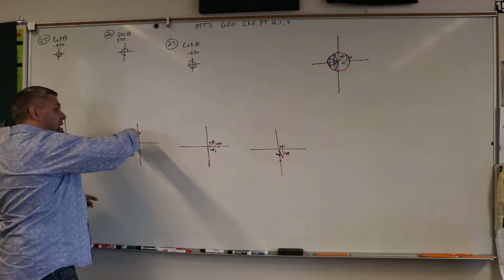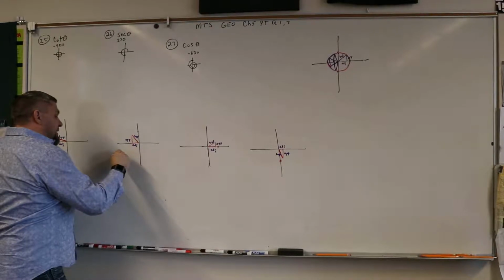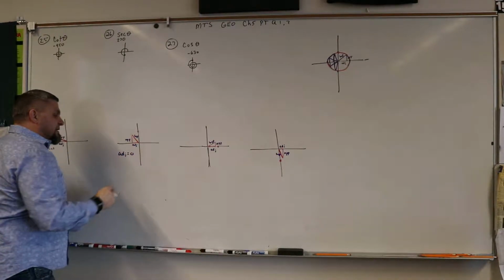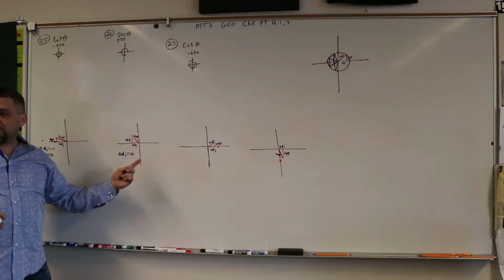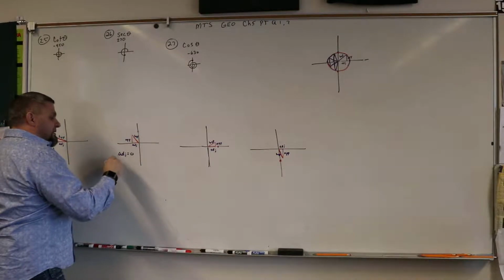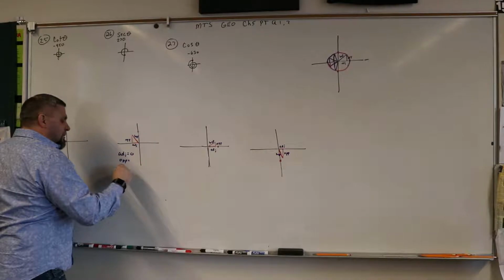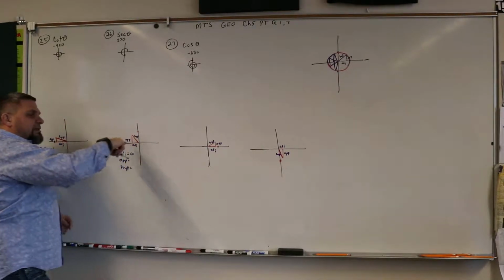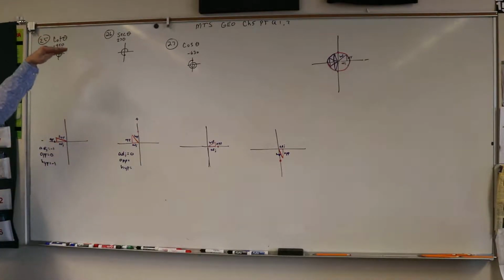Now, as we're going up and hitting this point, you'll notice that the adjacent side is hitting 0, getting smaller, and the opposite side is becoming the size of the hypotenuse. But in this case, it's not negative anymore, because going up is positive.